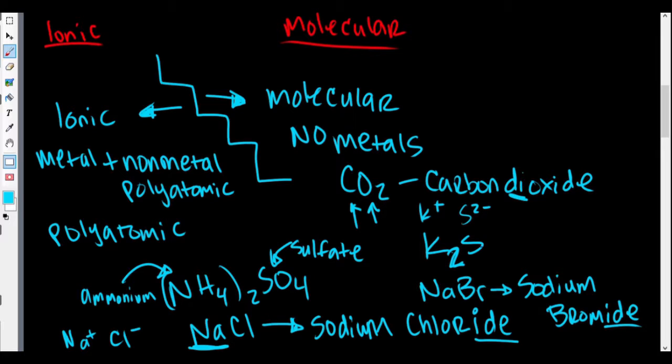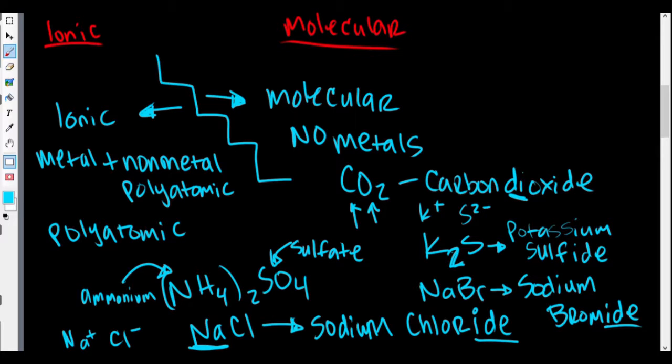So K2S. I think she's more worried about you guys naming than balancing. But the balancing part isn't all that tough. It's just addition. So, okay, potassium, right? That's the cation. And then sulf from sulfur, and then IDE, sulfide.